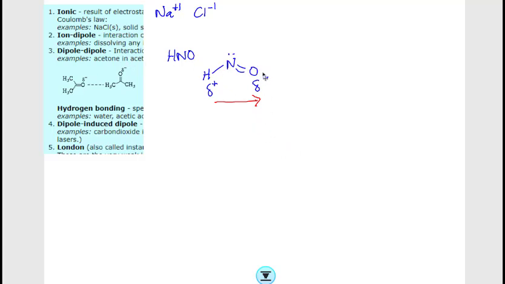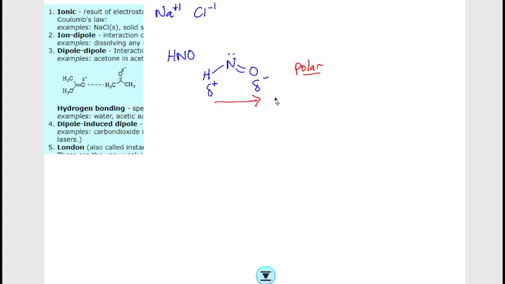So anytime we have a polar structure, the dipole-dipole is going to be associated with polar molecules that allow the negative side of one molecule to kind of bond to the positive side of another molecule. So they will kind of hitch up.